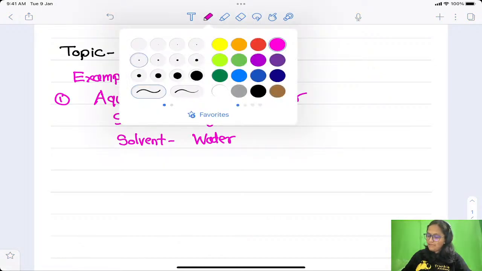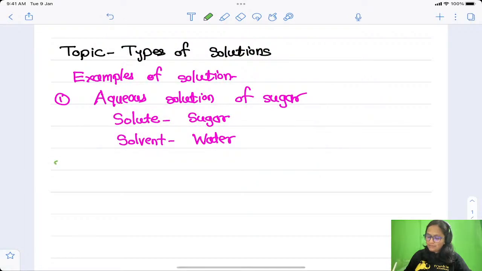Next example I will write down now. Second example is tincture of iodine.